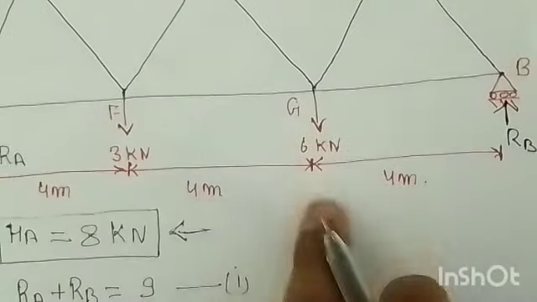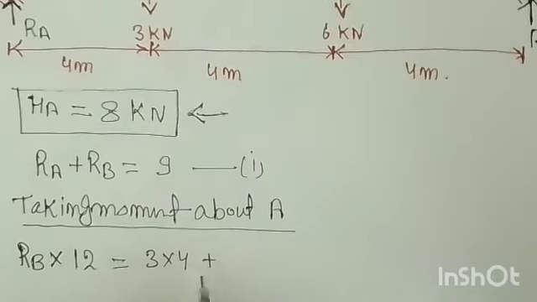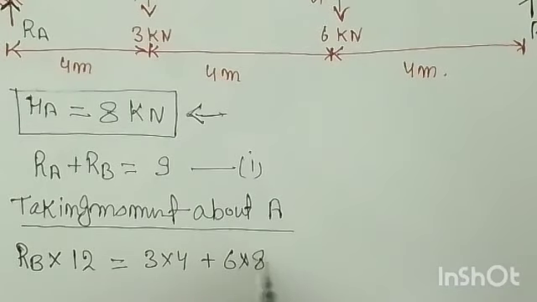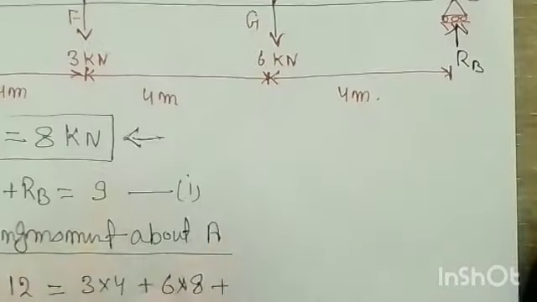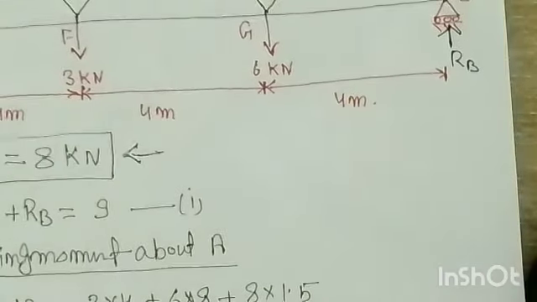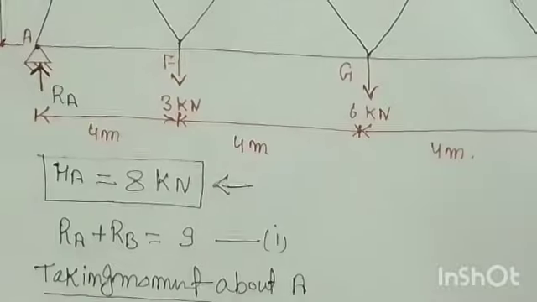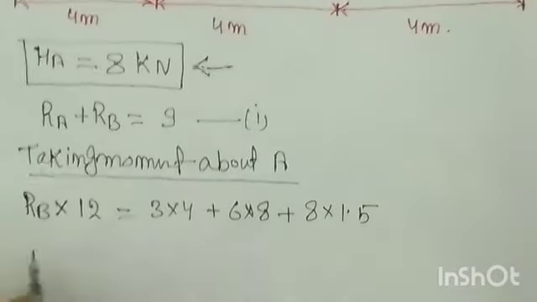Again the second one is 6, at 4 plus 4 is 8, so plus 6 into 8, plus that horizontal force 8 kilonewton. This distance is 1.5 meters, so this is also 8 into 1.5. So when you do the calculation, you will get the RB value.